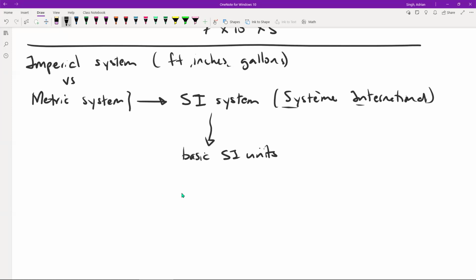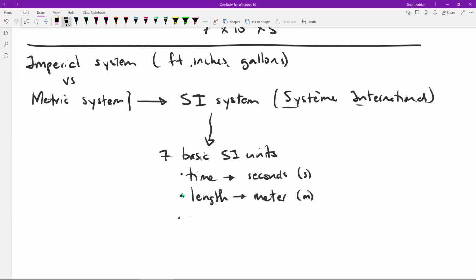For time, we use the second, and we're fairly familiar with that. For length, we use the meter. Seconds is abbreviated with a small s, and meter with a small m.